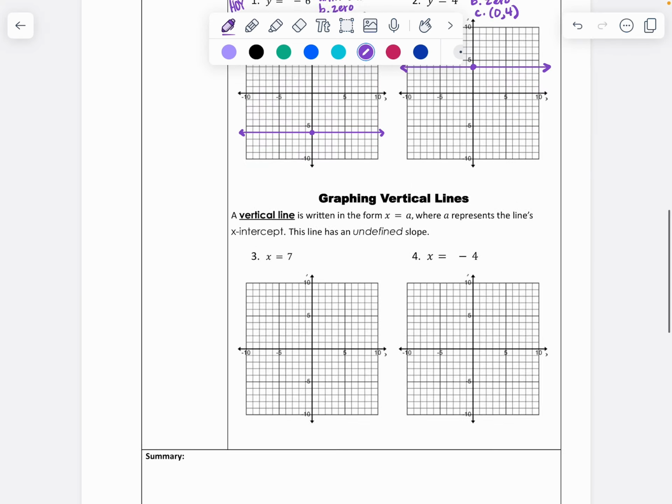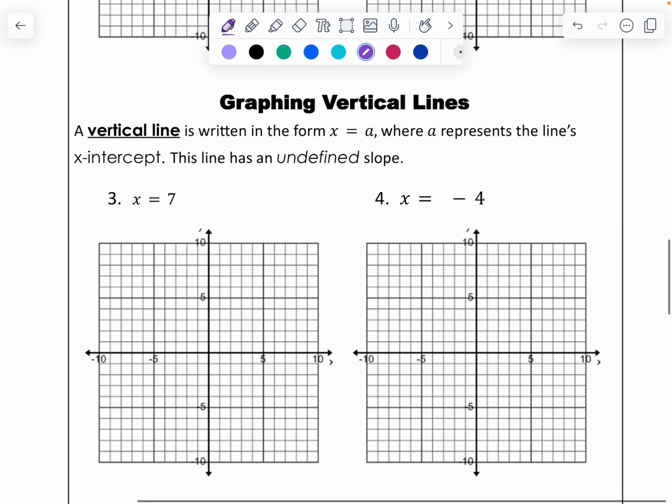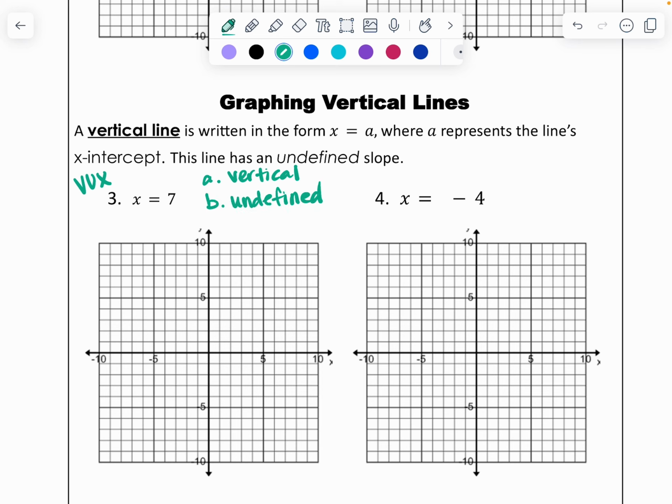Okay, let's continue to answer those questions for the next graphs. X equals 7. So remember, VUX, that means that this is going to be a vertical line. Vertical lines always have an undefined slope. And the intercept is given by the equation x equals 7.